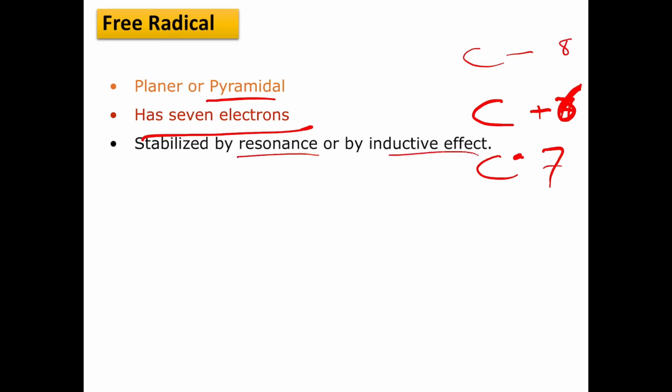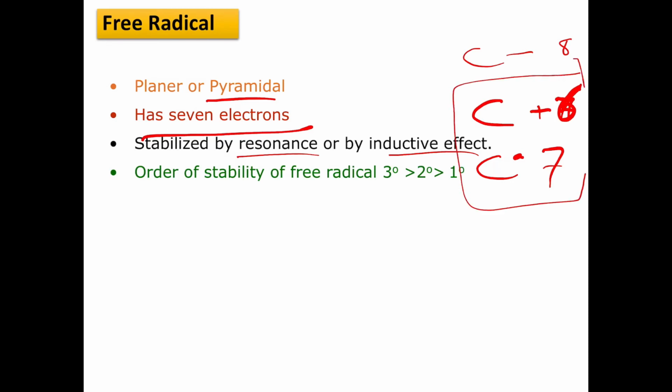If you remember, for the positive charge we had hyperconjugation, but here we don't have hyperconjugation; we just have resonance and inductive effect to stabilize it. Stability of the free radical and positive charge is by inductive effect or resonance.